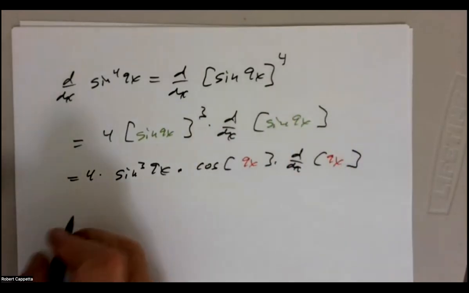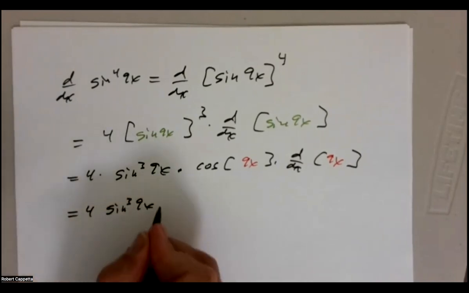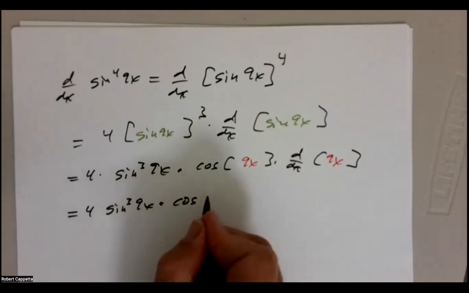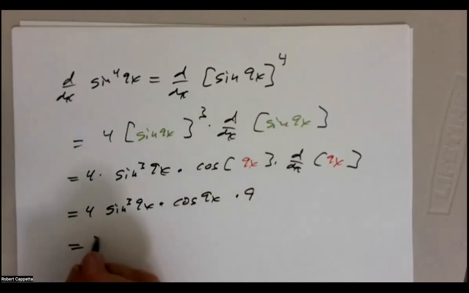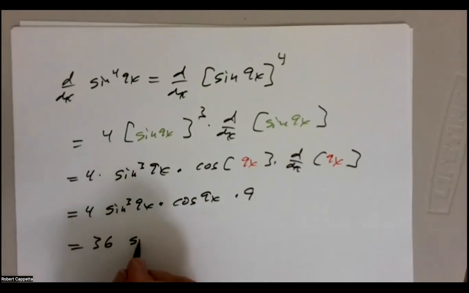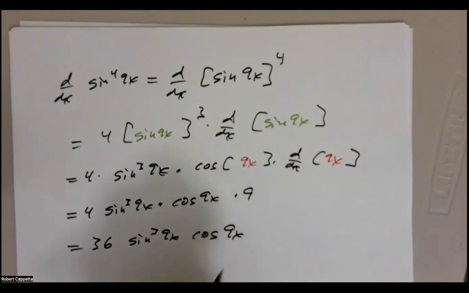Where does that send me? 4 sine cubed 9x times cos 9x times 9. Probably multiply the 4 times the 9 to give me 36 sine cubed 9x cos 9x. That knocks out that. All right.